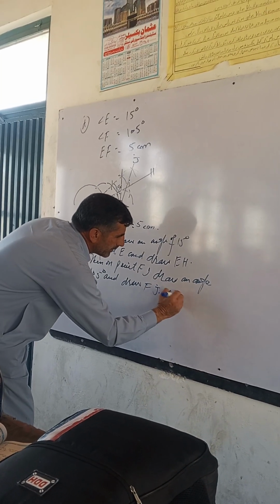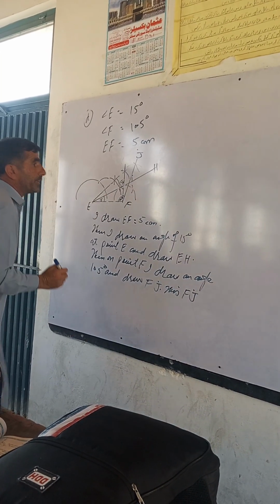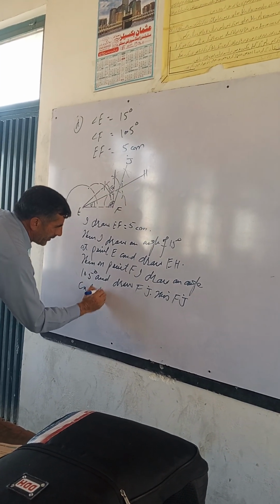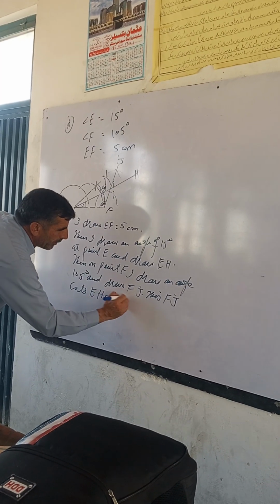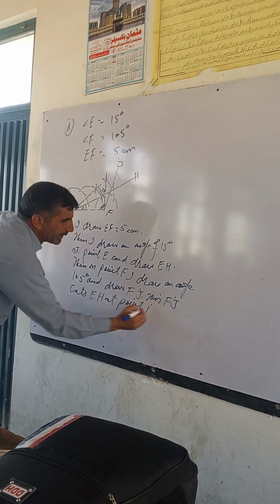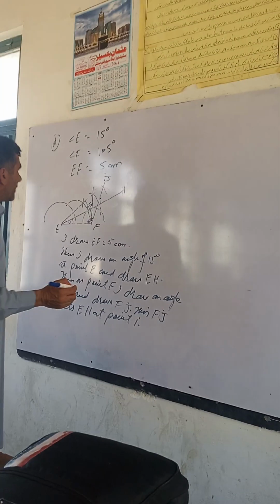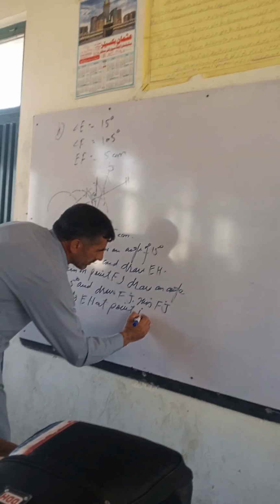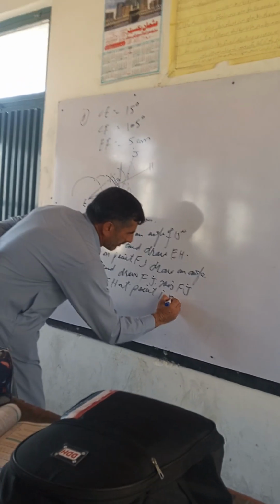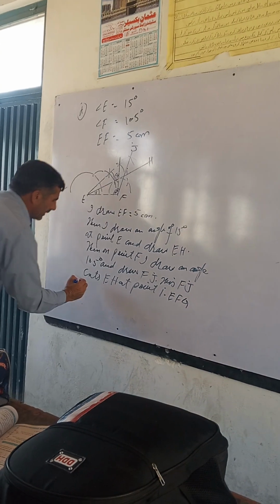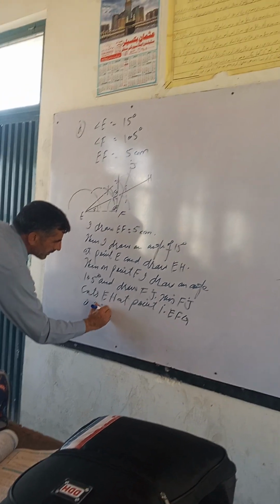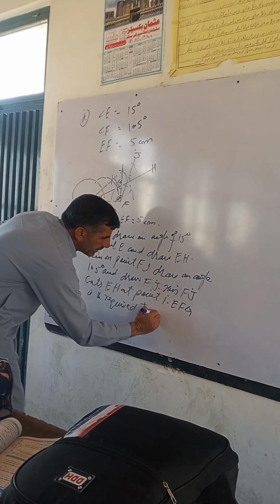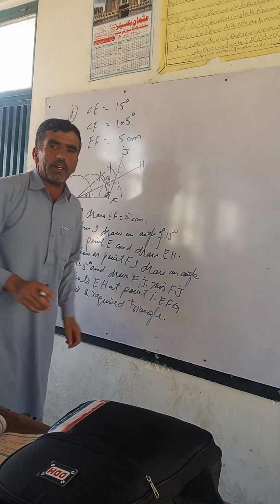This FJ cuts EH at point I. EFI is the required triangle.